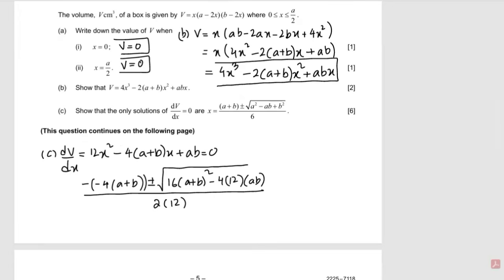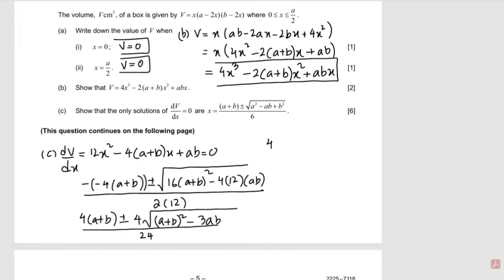So let's just do some simplification. 4 times (A plus B) plus or minus. Well, I can see there's a 16 and this will be 48. So if I pull out the 16, that will become 4 outside the root. I hope you get it. What did I just do? So this will be (A plus B) whole squared, and minus 3AB now. And divide the whole thing by 24.